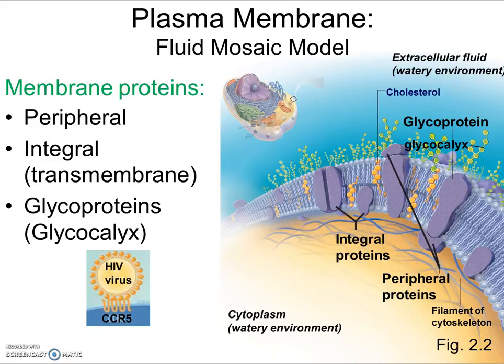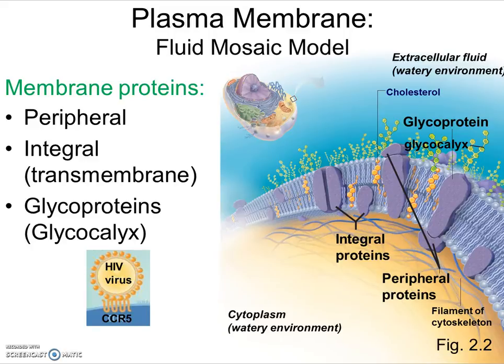And how it knows to actually attach to that particular cell, it attaches to your helper T cells, which are immune cells. It identifies that cell by the specific glycocalyx that your helper T immune cells have. So it'll target it, attach, and then again inject the viral genetic material into your cell.